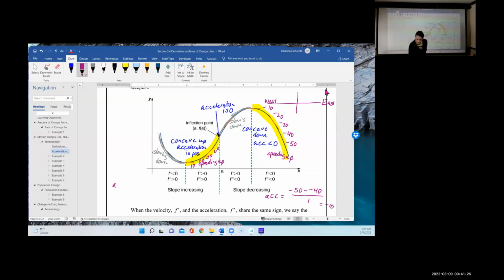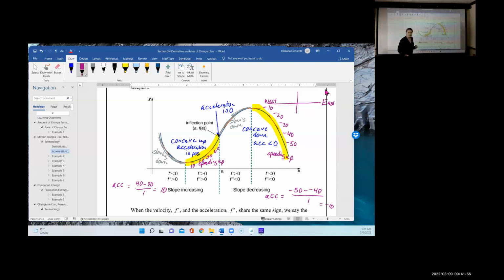So when you do the acceleration over here between 2 points 1 second apart, you've got 40 minus 30 over 1, which gives you a positive acceleration. Now, I don't do it that way. When I look at it, I just go, oh, it's concave up, positive acceleration. Concave down, negative acceleration.